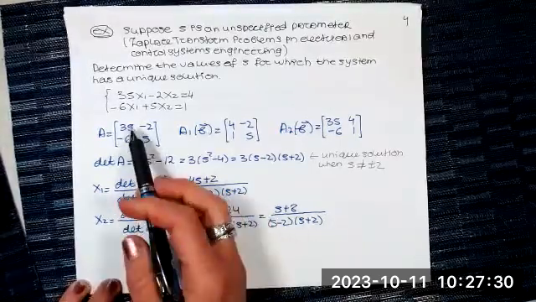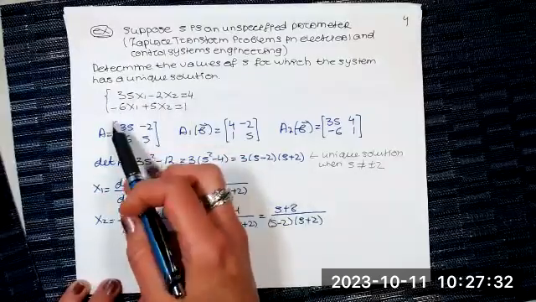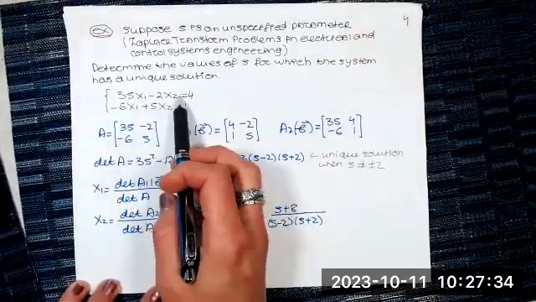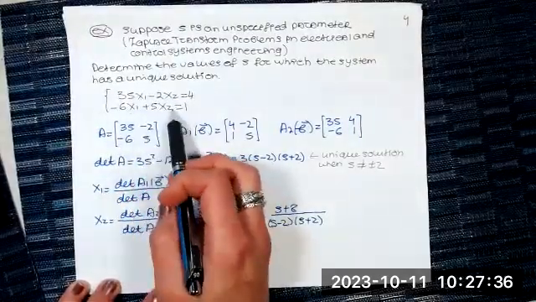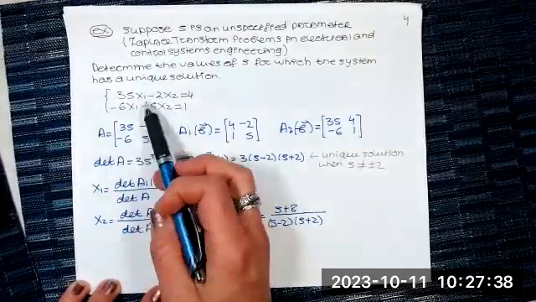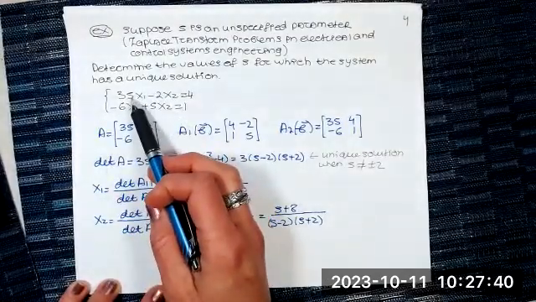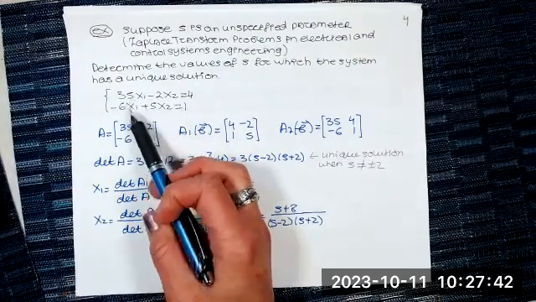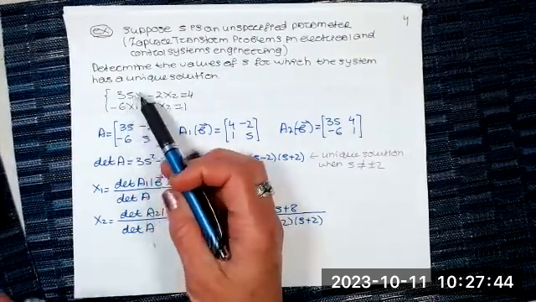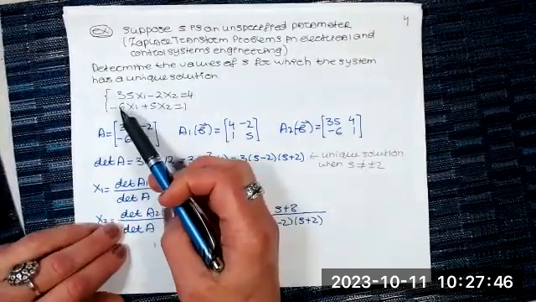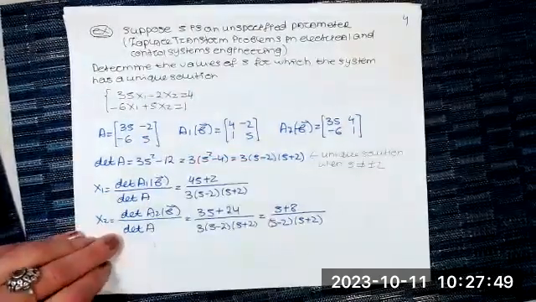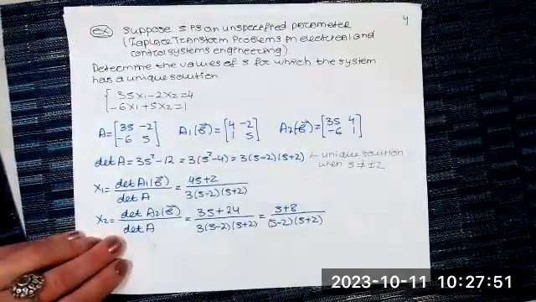So say I have a system, and I don't just have variables x1 and x2 to solve for, I have a parameter s here, which may vary. Maybe I don't know it initially, but I want to solve the system with s in it so that I can later plug it in and figure out the value.